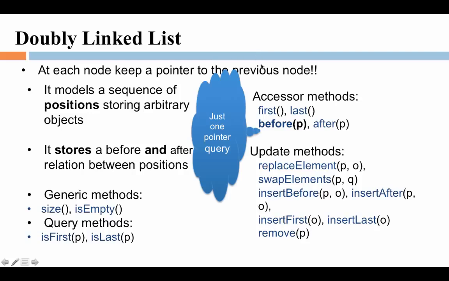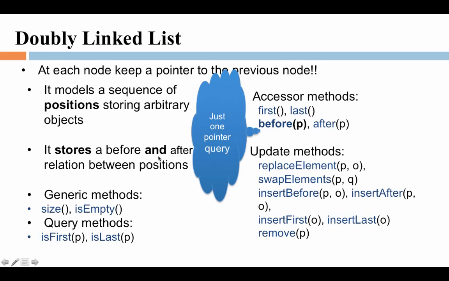Therefore, we modify the node data type that we had with the linked list implementation. The way we modify it is by just adding one more pointer to the node data type, and this pointer is designed so that it will contain the address of the previous node, or the predecessor node, in the list. Therefore, the doubly linked list is obtained by extending the singly linked list in this particular fashion.